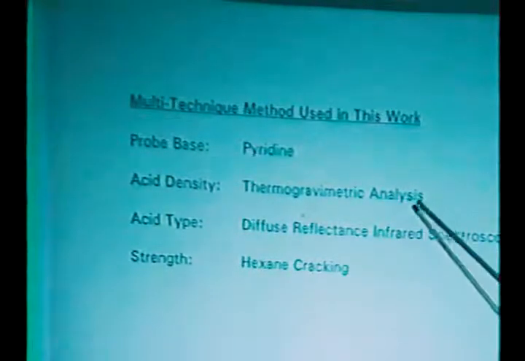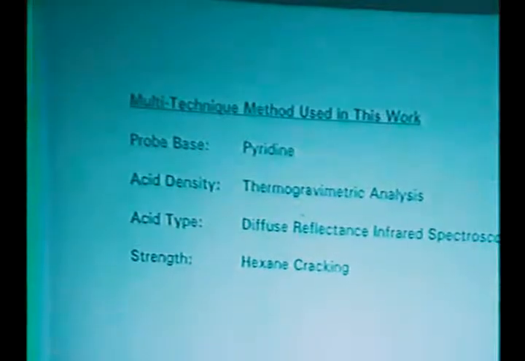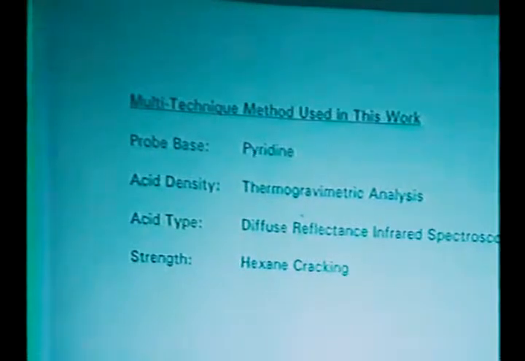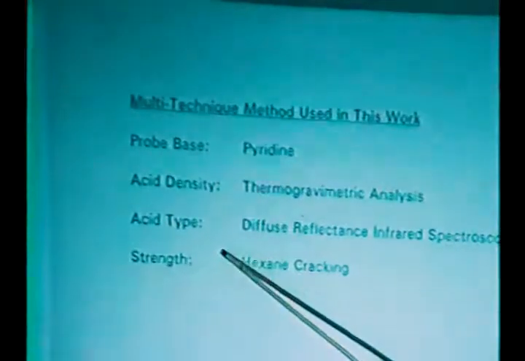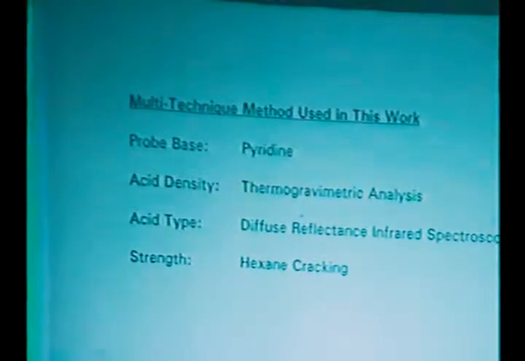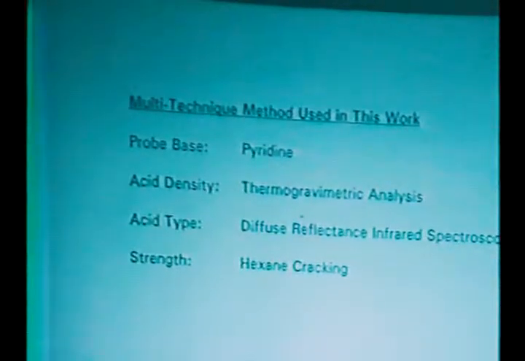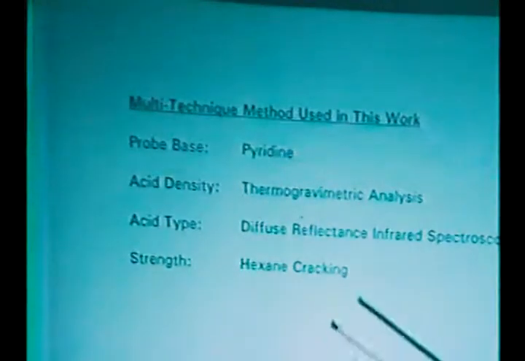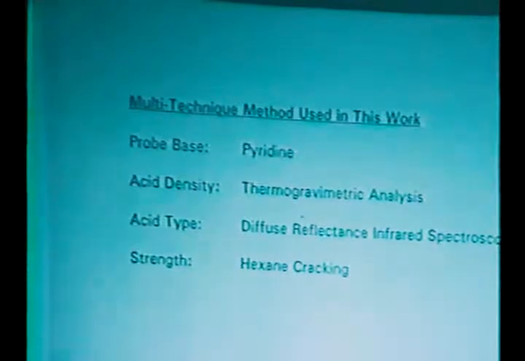And if we want to obtain a strength profile distribution, we go through stepwise desorption and calculate the amount that desorbs off in different increments of temperature. We do the acid type by diffuse reflectance infrared spectroscopy, and we've heard a lot about that this morning. We've chosen that as a method of choice too for determining the type.